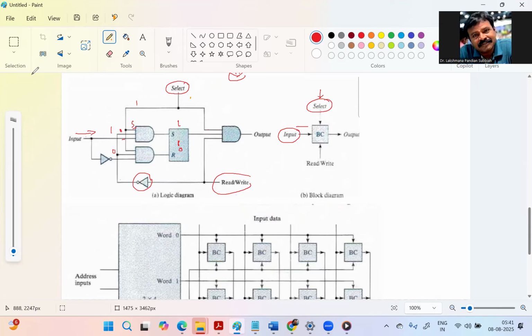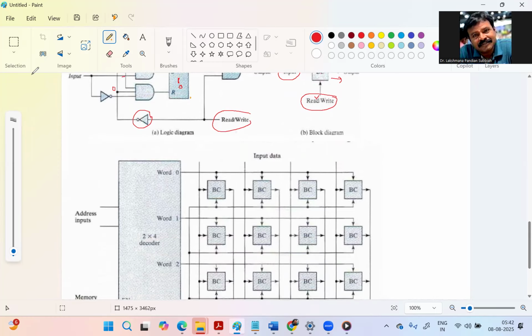If you want to store data, you give the input. If you want to retrieve the data, it comes as output. Whether reading or writing, you have to give either a read signal or a write signal. If it is the write signal, it takes the data to store. For read, whatever is stored in that location comes out as output.